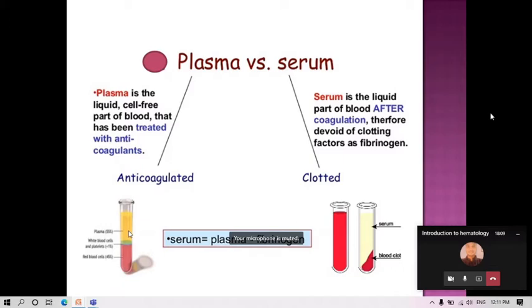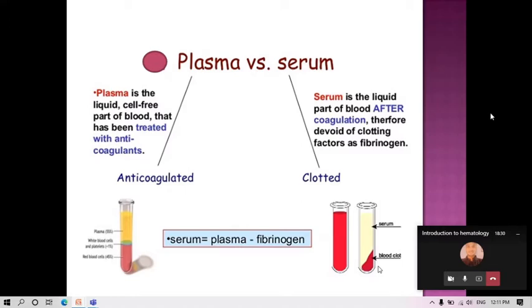So what is serum then? Serum is when we collect the sample in the red cap vial, in which there is no additive and no anticoagulant. If we leave it for some time, the blood will coagulate, and whatever is left is known as serum.